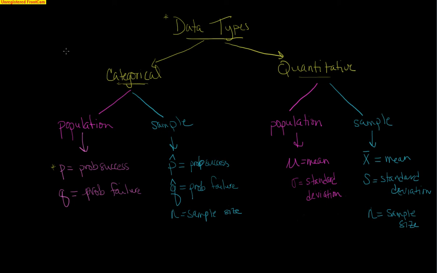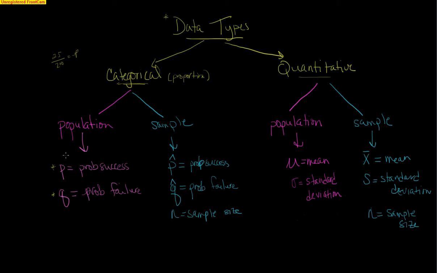But you take that answer, yes, and let's say you have 25 yeses out of 200 people that you ask, that is your p-value. That's your probability of success. So when we're talking about P's and Q's, we're talking about categorical data, we're talking about a proportion. So we would find a confidence interval for a proportion using categorical data.